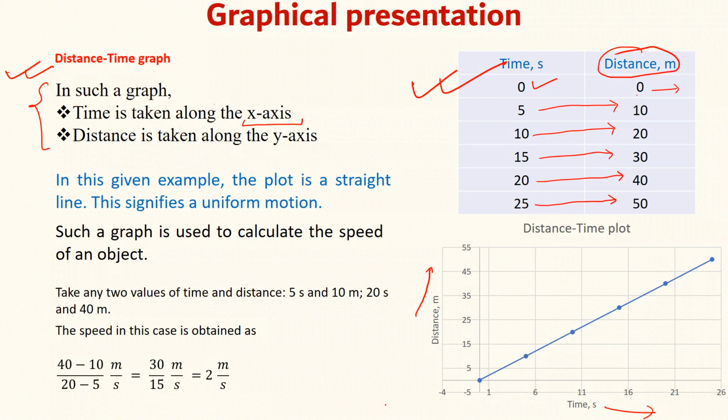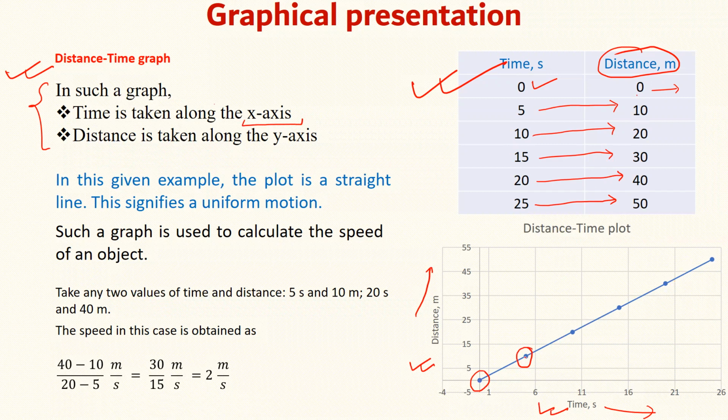Now, if you were asked to plot this data graphically, then what would we get? Graphically we would get this. Time is plotted along the x-axis and distance is plotted along the y-axis. So all these points we get to see. At 0 time, it's 0 meters here.